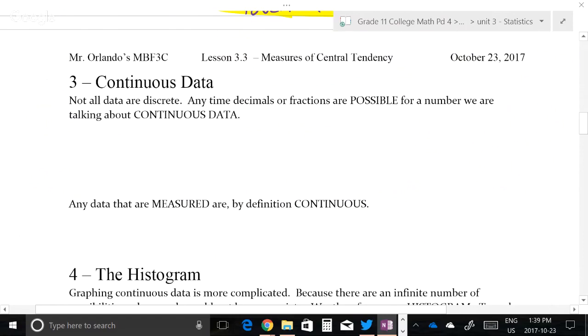But continuous data is data where, and it doesn't mean you have to have a decimal, right? Maybe you are 72 inches tall exactly. It doesn't change the fact that somebody else could be 72 1/4 inches. So it isn't even that your data have to be decimals or fractions. It's just that if fractions or decimals are possible, that's continuous data. So I'm going to write that.